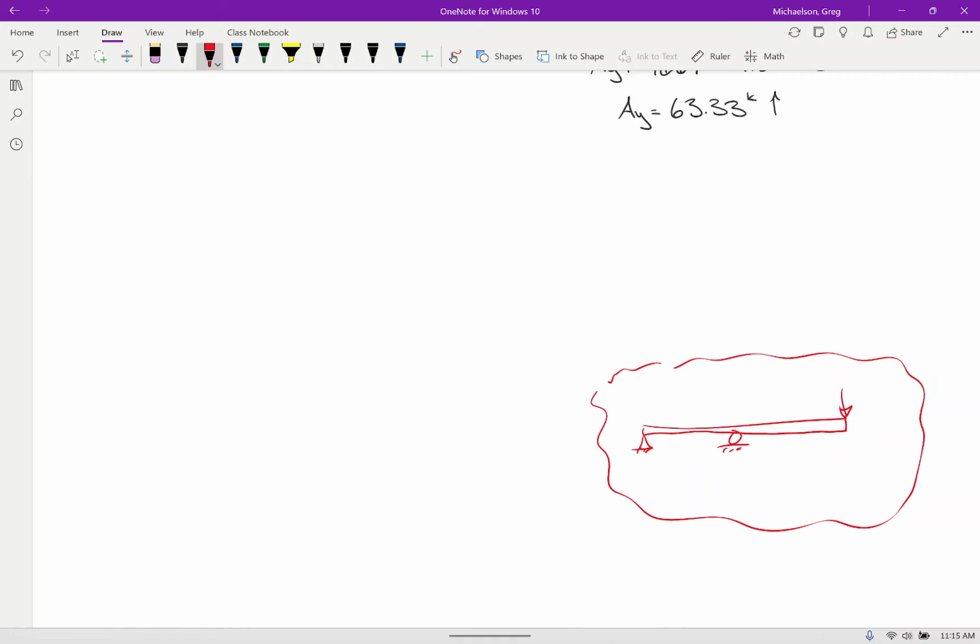This would be an example where this reaction would go up and this reaction would have to go down, because what we're looking at is basically a diving board. If you're standing out here, like the diver flexing it, this has to hold it down to keep it from turning over.